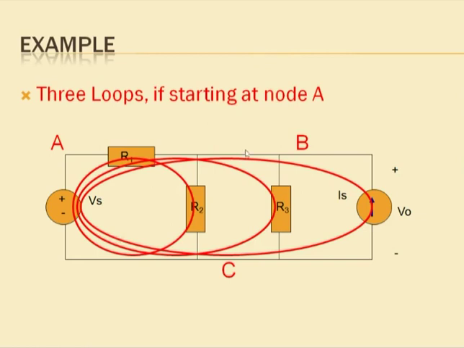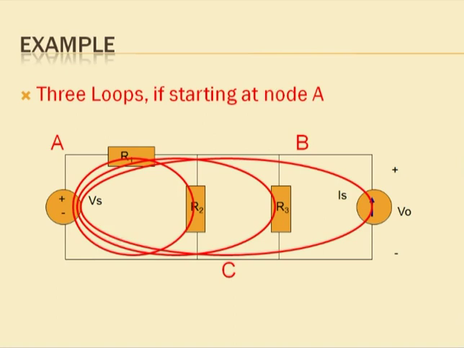Now we are identifying the loops. Suppose I start my journey from point A and travel through various branches of the circuit, coming back to point A without repeating any branch. Then it is known as a loop.